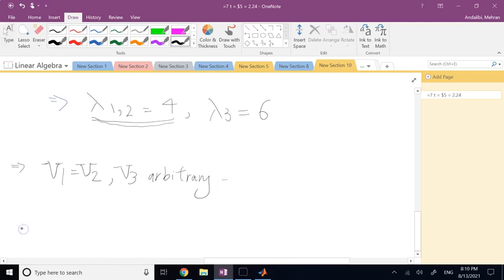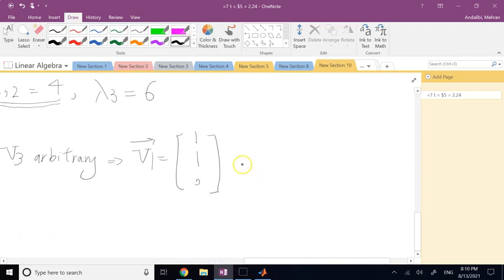So what kind of vector can I have? I can have one vector like, for example, what? 1 and 1. And maybe a 0, right? Because it's arbitrary. And I can have another vector where this can be, for example, 1, 1, and a 1. Correct? They are equal. This one is arbitrary.